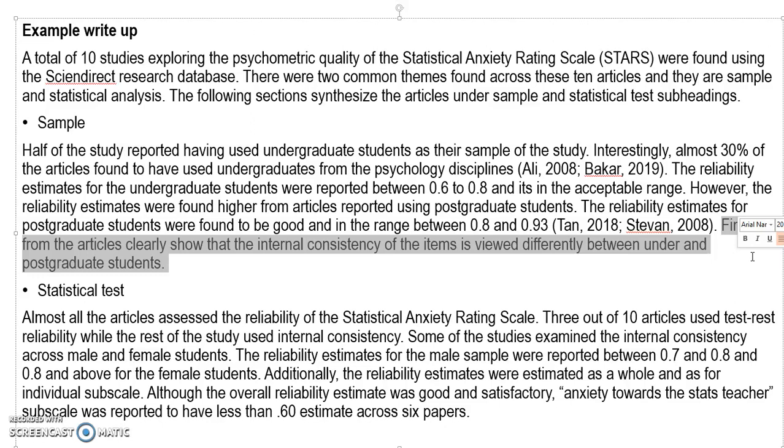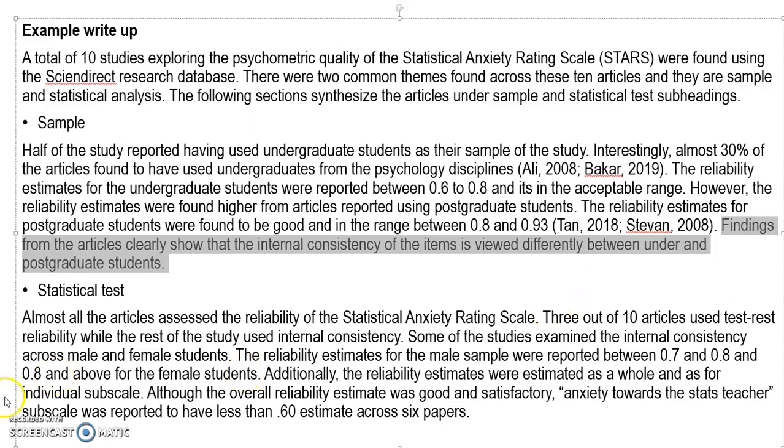So what I'm trying to say is, based on all these discussions, my conclusion is that the internal consistency or the reliability of the items is different for postgraduate and undergraduate. So whenever you start, because initially you start talking about the samples, at the end of the day you have to come up with a conclusion.